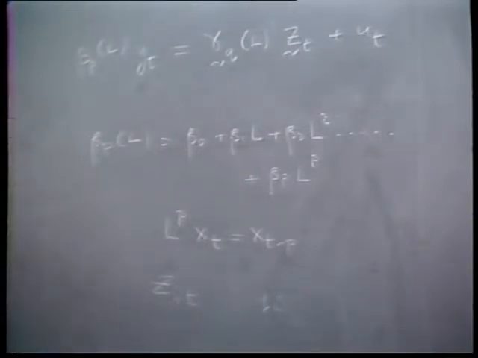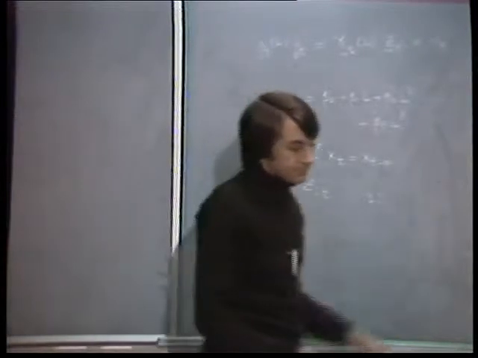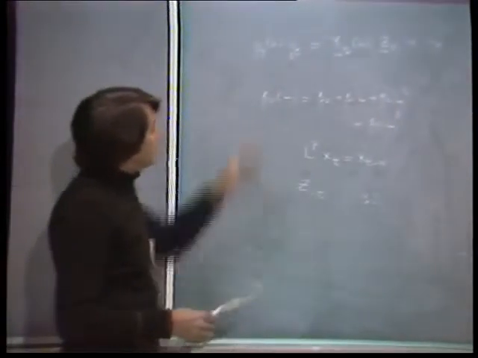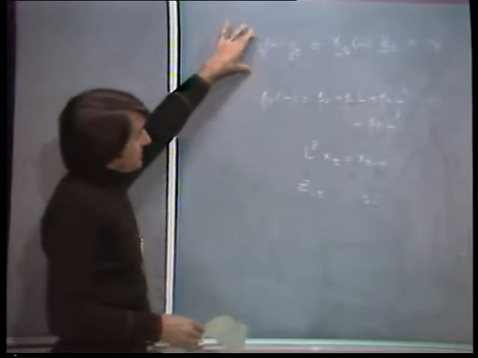They could have different orders. But Q denotes the maximal order. So that's the structure of the systematic part of the model.